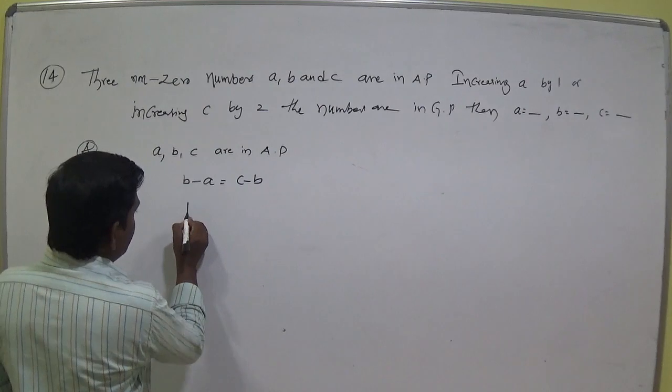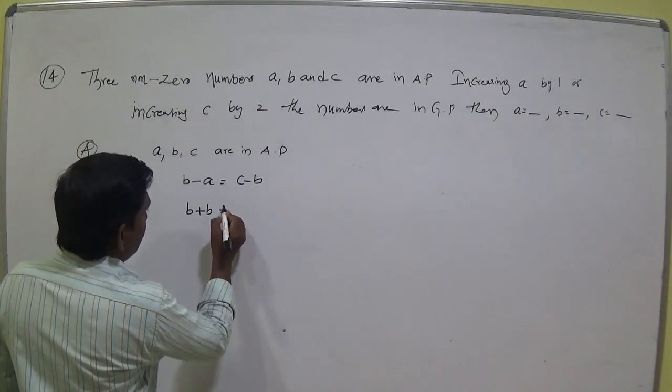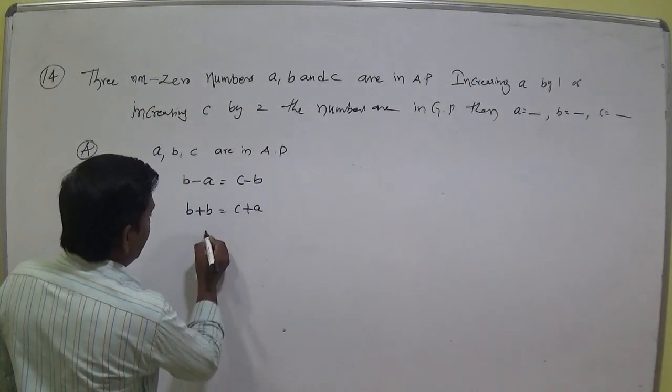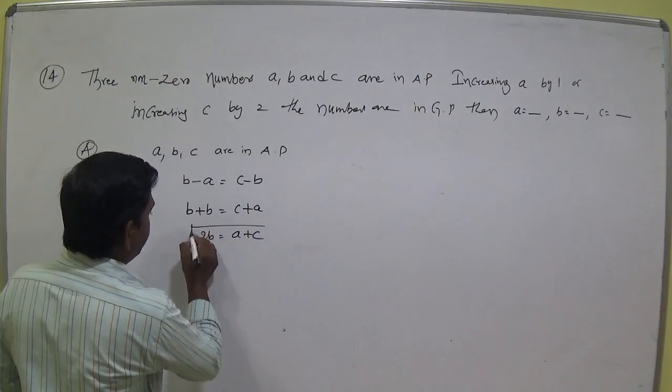By transposition, b plus b equal to c plus a. That means 2b equal to a plus c.